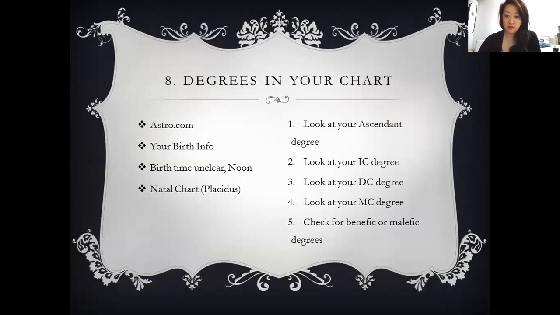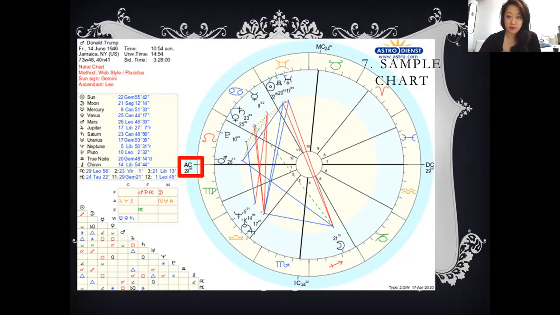Oops, sorry, guys, I'm going backwards. We have Uranus opposite the Moon again here. Okay, so when he became president, this was a shock to a lot of Americans. Everybody thought it was going to be Hillary.